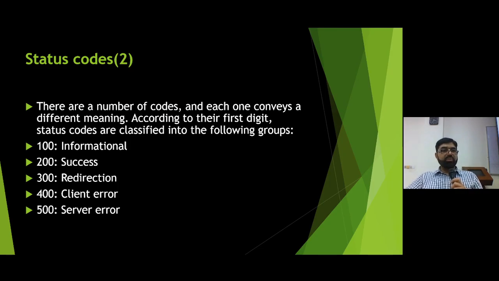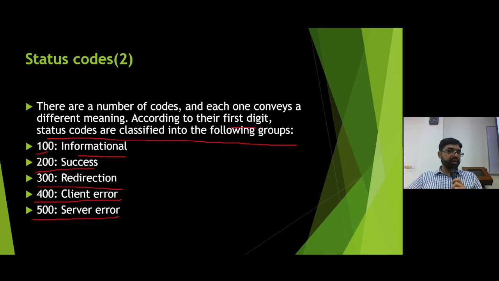There are a number of codes, and each one conveys a different meaning according to its first digit. The status codes are classified in the following groups. 100 is informational, 200 is success, 300 is redirection, 400 is client error, and 500 is server error. Many of these codes, you remember, I mentioned 404 at the start, right?